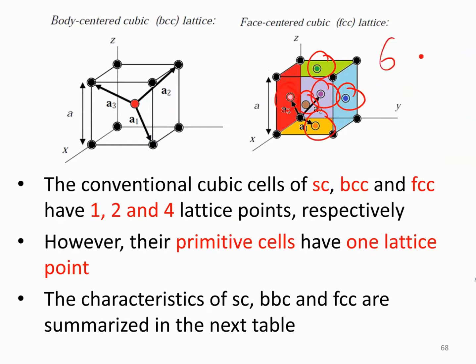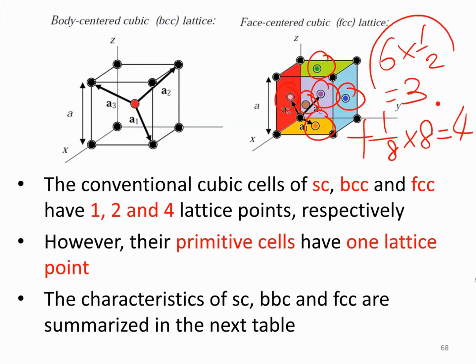So 6 times half equals 3. Then plus 1/8 times 8 equals 4, right? This comes from the contribution of the face-centered lattice points, and this comes from the black ones, the corners. So the total lattice points for face-centered cubic is 4.